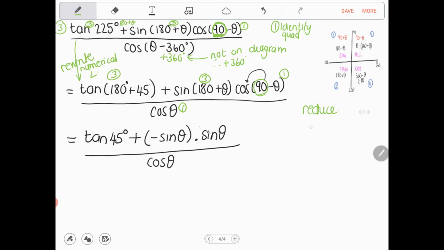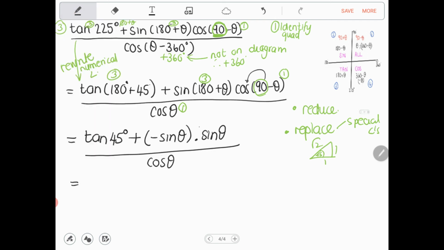Where are we now? Reduce, replace. So do I have special angles? Yes, I do. And if we think of 45, there's my special angle triangle, the tan of 45 is 1 over 1.